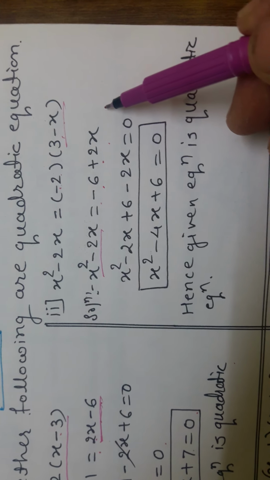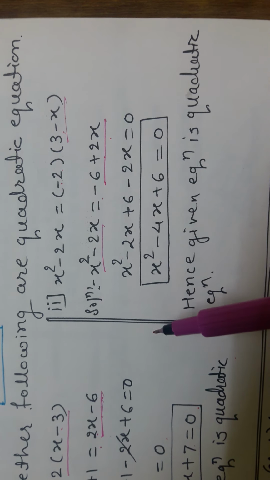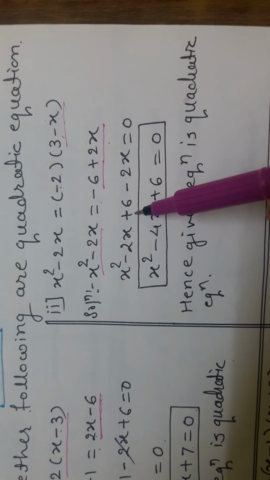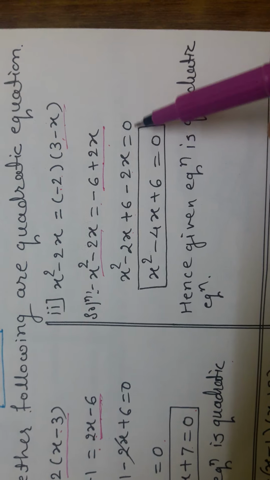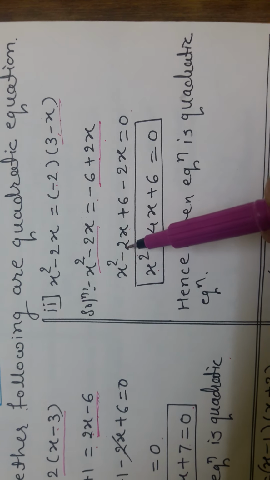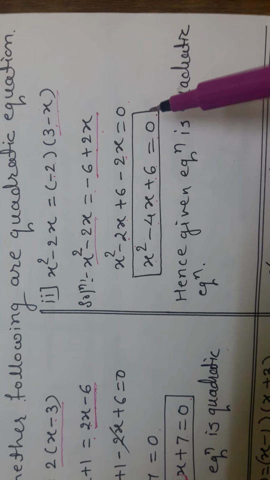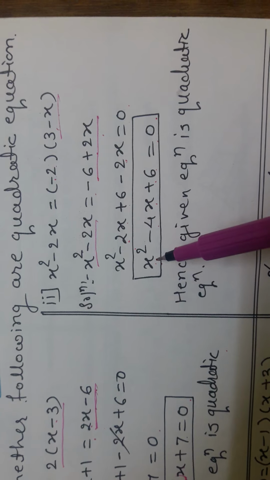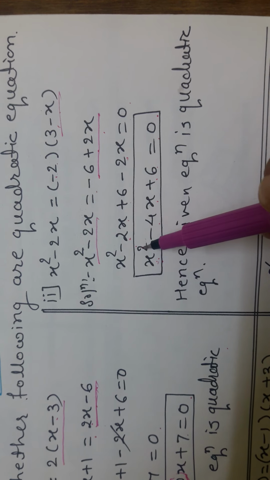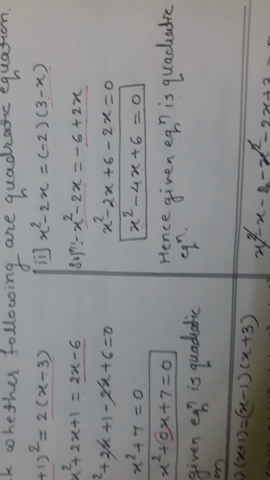Now on the right hand side we want 0, that's why whatever terms are on the right hand side we will shift to the left hand side. x square minus 2x plus 6 minus 2x is equal to 0. We will get x square minus 2x minus 2x is minus 4x plus 6 is equal to 0. Is this a quadratic equation? Yes, the power of the variable is 2. Hence the given equation is a quadratic equation.